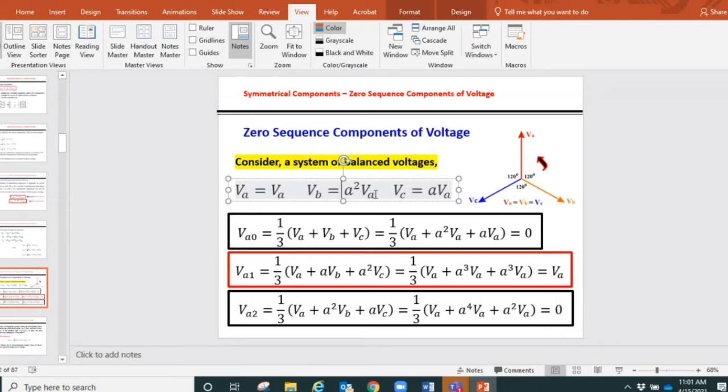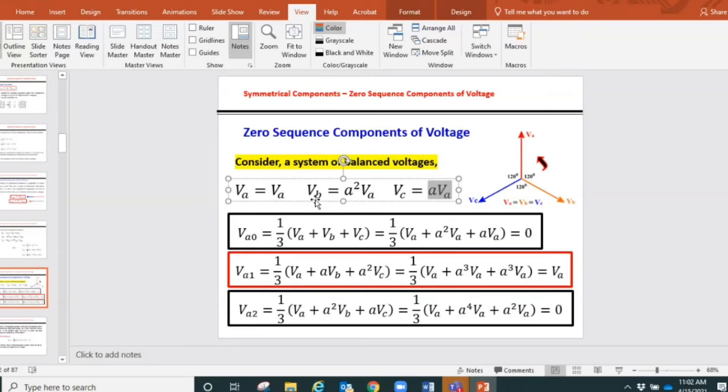VB will no longer be expressed as VB but in terms of the reference VA, and VB is here 240 degrees, so it's a squared VA. VC is just 120 degrees from A, so it will be a VA. So I now have the three voltages expressed in terms of the reference phasor VA and the complex number operator a.